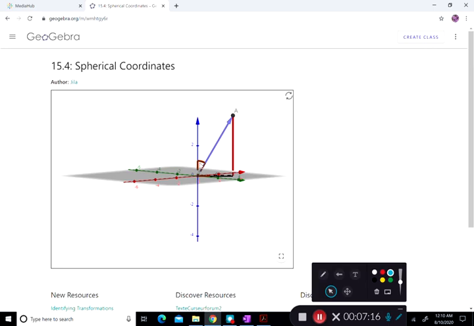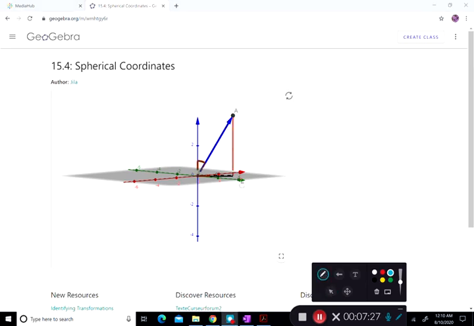Phi is that, but it's also the angle up here made between blue and red. So z is going to be, given rho and phi, rho cosine phi.